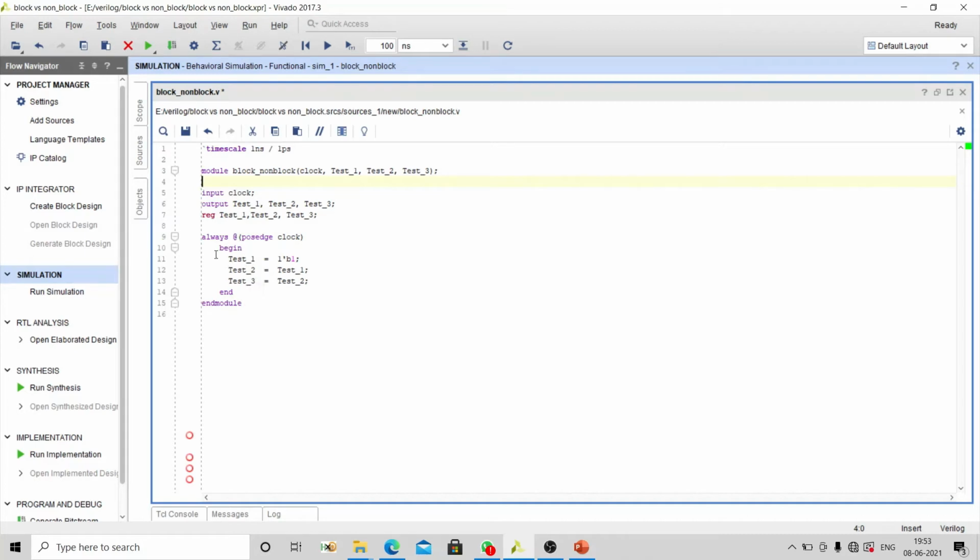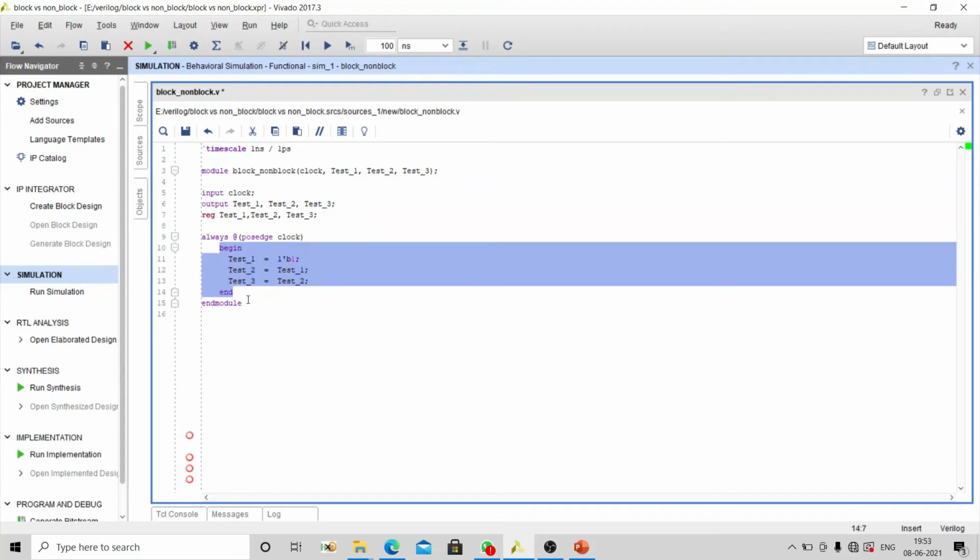As this is a sequential procedural always block, whatever is on the left-hand side needs to be stored for some amount of time, so we are using reg: three registers, test1, test2 and test3. Whenever there is a positive edge of clock, the control goes to the begin and end statements.